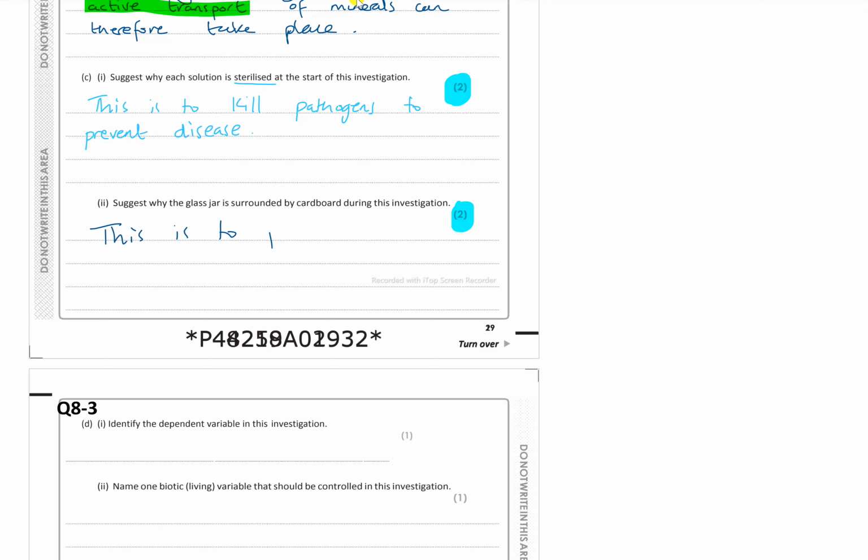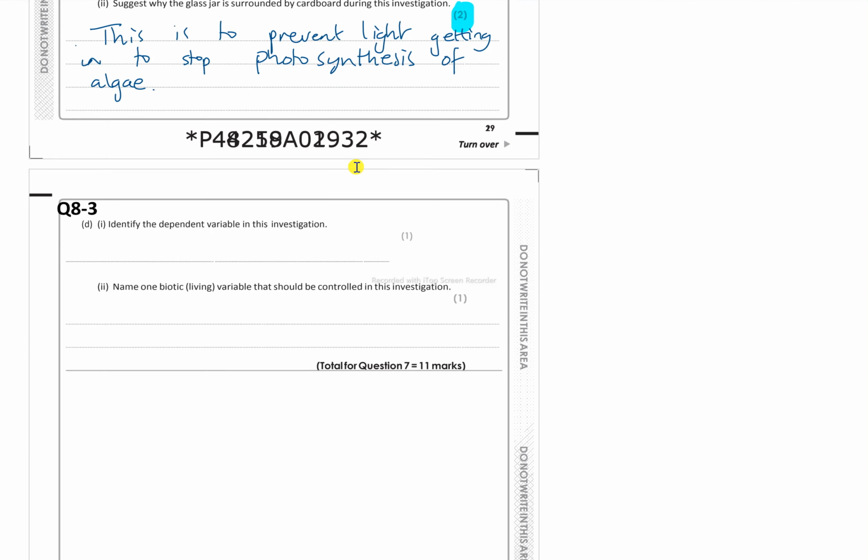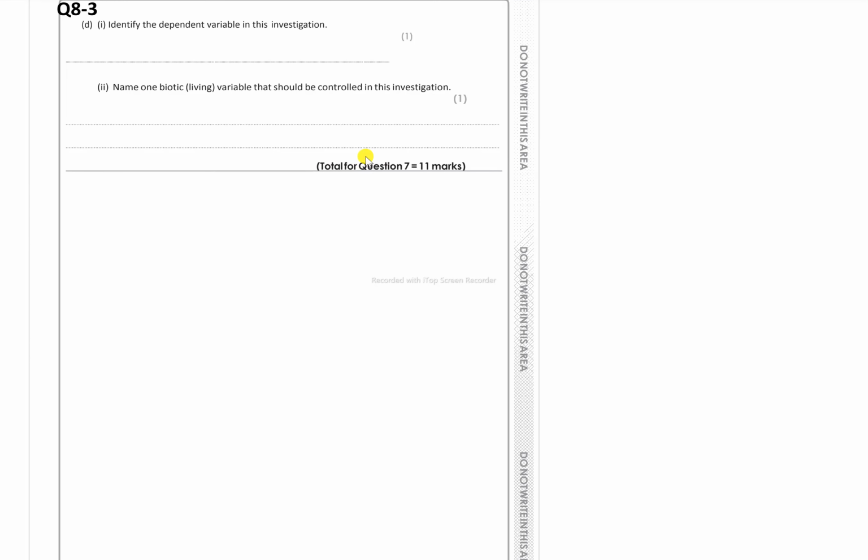This is to prevent light getting in to stop photosynthesis, to stop photosynthesis of algae, because that'll compete with the plants for resources and might give a poor, what do you call it, a poor comparison or unfair comparison.